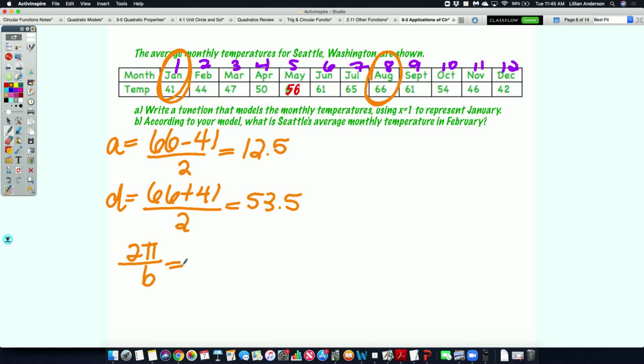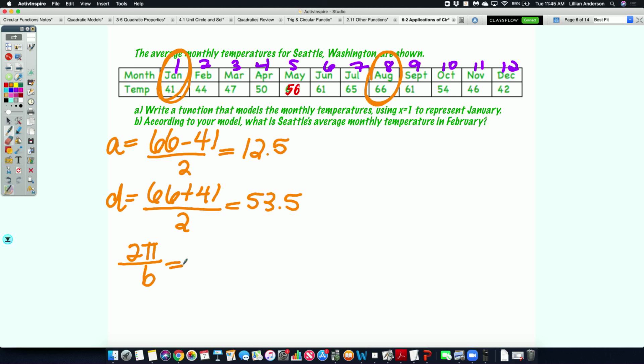Let's find my period. The distance between my minimum value and my maximum value is how long? 8. This is what I was talking about. You got to base it off of the data. Even though you are dealing with just data for the first year, you can't automatically assume that it's 12, because in this case, from max to min, that's 8, right? That's half of your period.